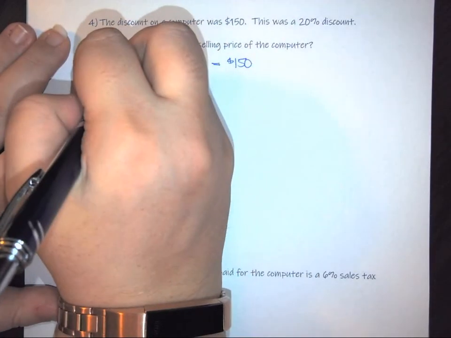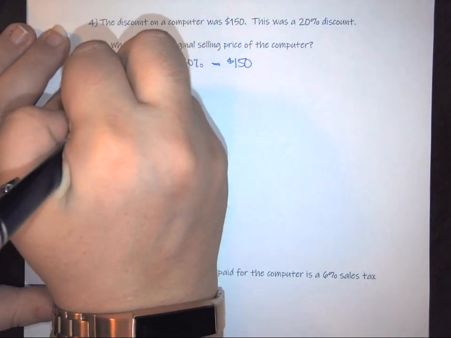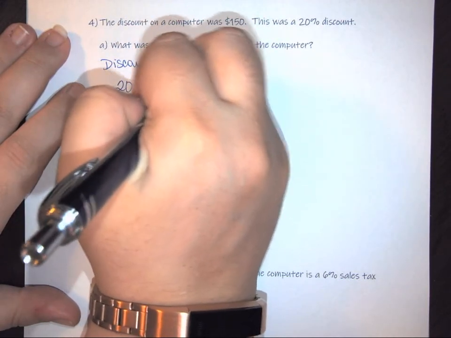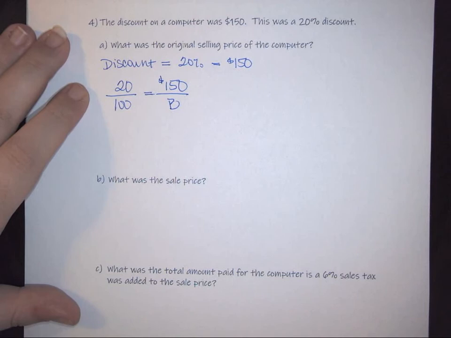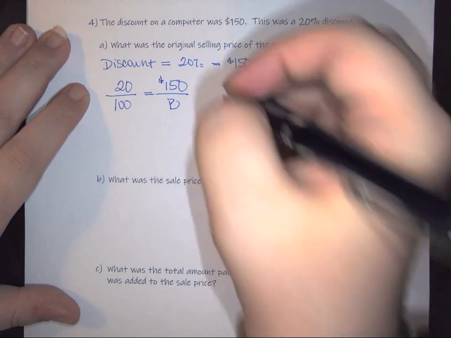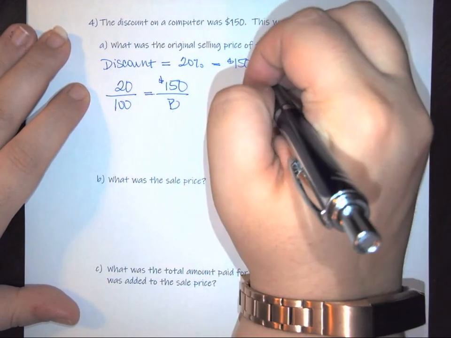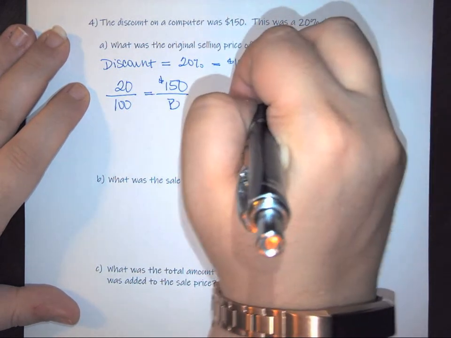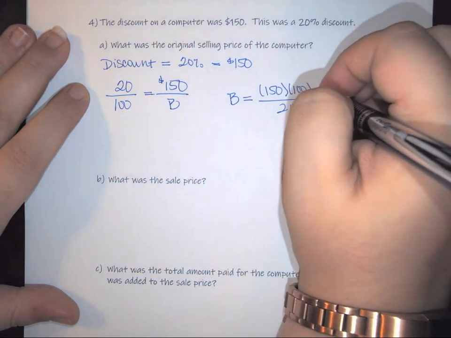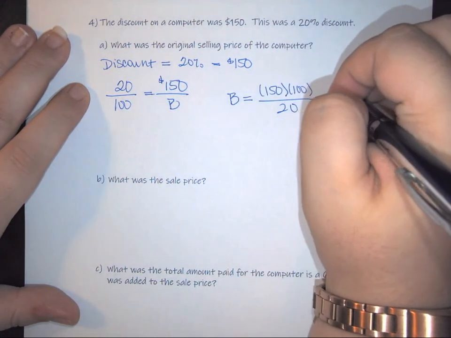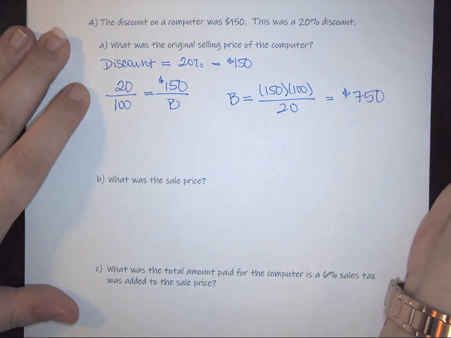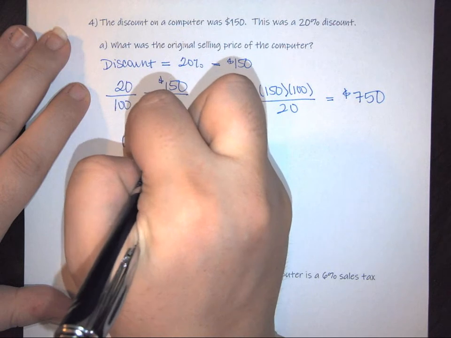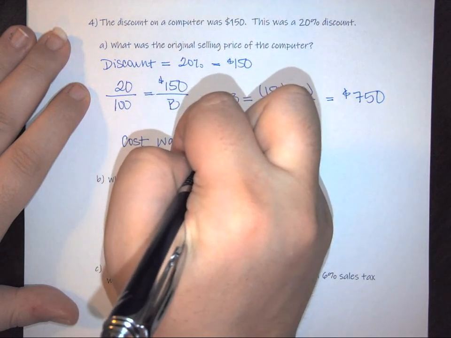So here I have 20 over 100 is equal to the 150 over the unknown. Solve for the unknown. So in this case, my B value is going to be 150 times 100 divided by 20. So in this case, I'm going to end up with 750. So in other words, the cost was $750.